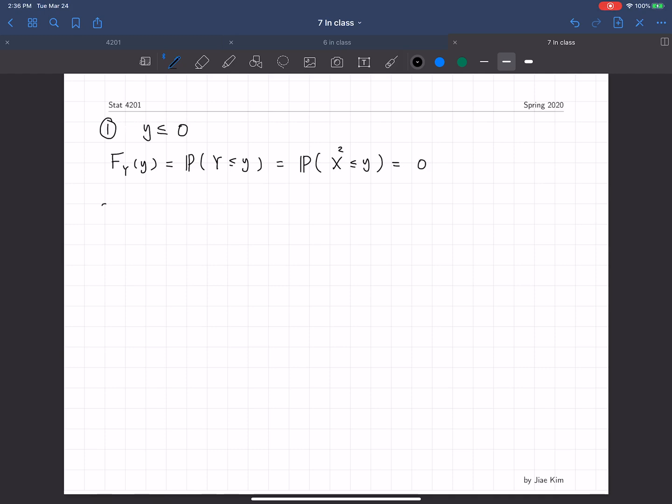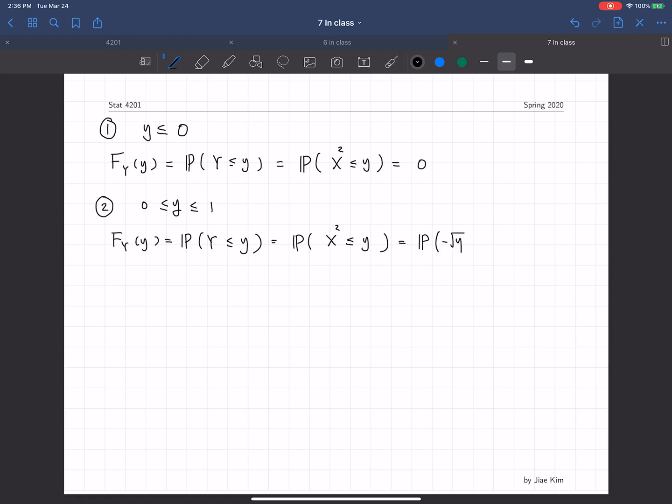The second case is when y is in between 0 and 1. Again, the CDF for this new random variable Y is the probability of capital Y less than small y. Y is X squared, so we reformulate this probability statement by taking the square root on both sides.